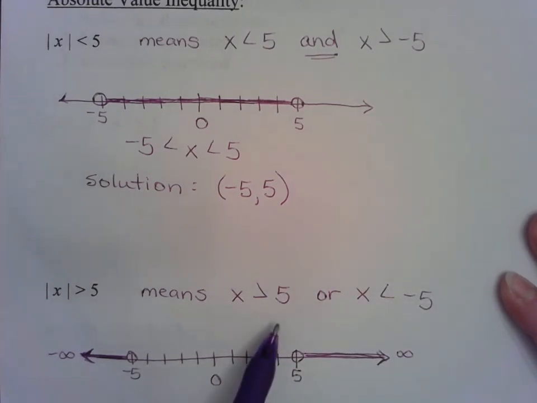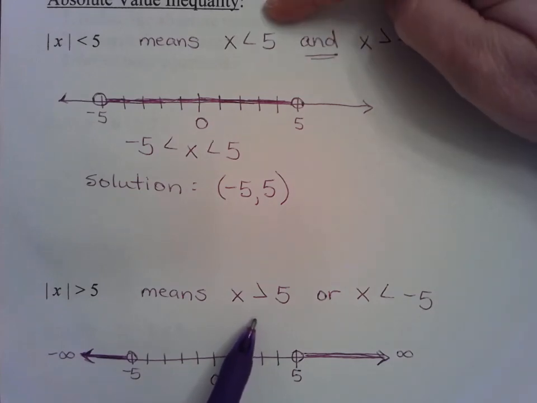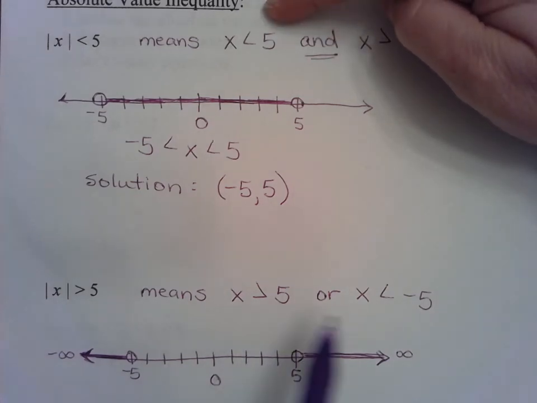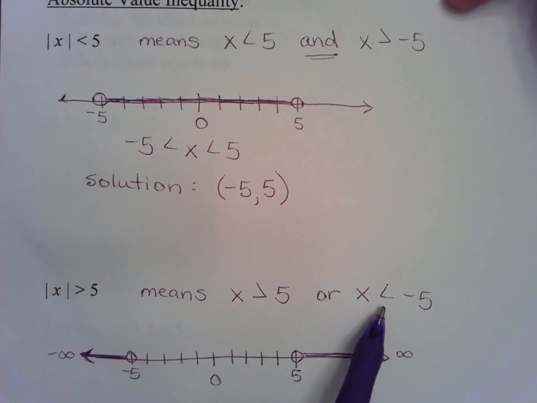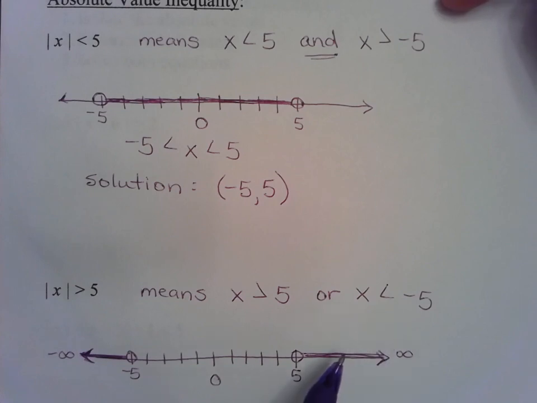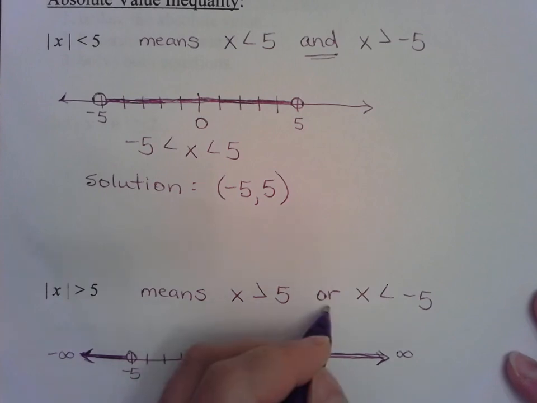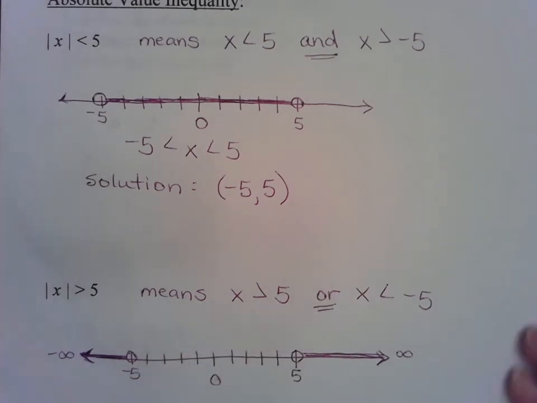For both of these, we have kept it the same for the first case. For the second case, we have made the 5 negative and flipped the sign. Okay, so it's the same for both, the setup. But the result that we get on the number line and in our interval notation will look different for a less than compared to a greater than.